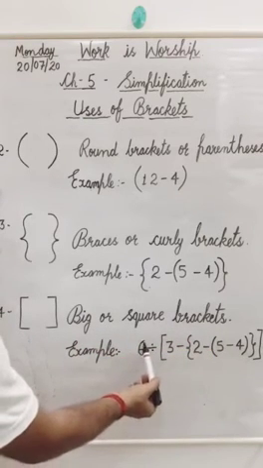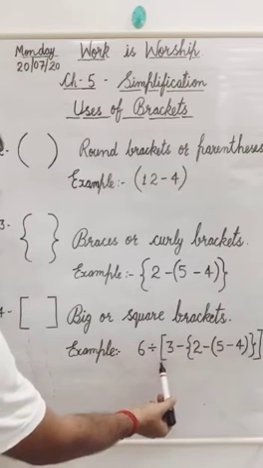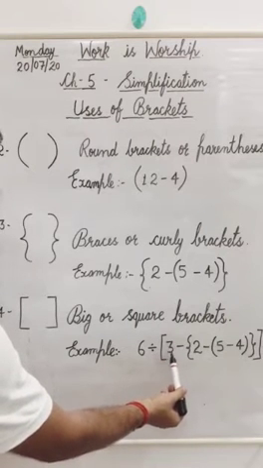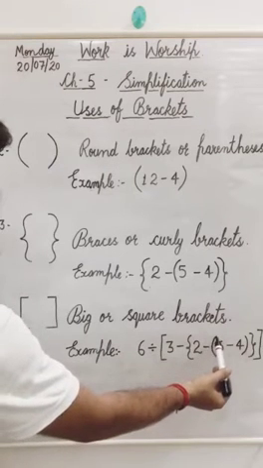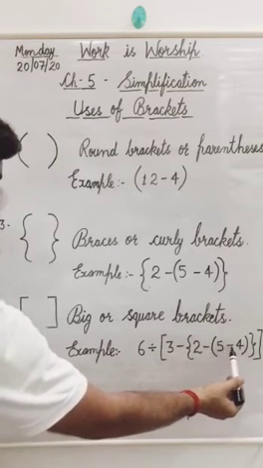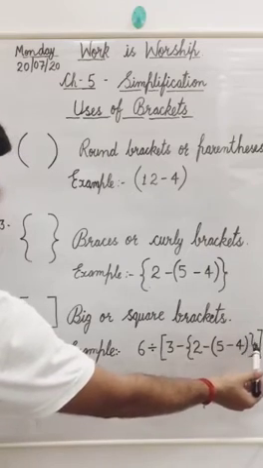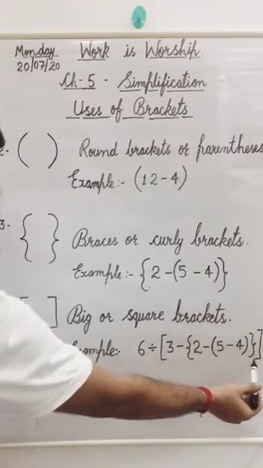Example: here we have 6 divided by big bracket start 3 minus curly bracket start 2 minus round bracket start 5 minus 4 round bracket close, curly bracket close, and then big bracket close.